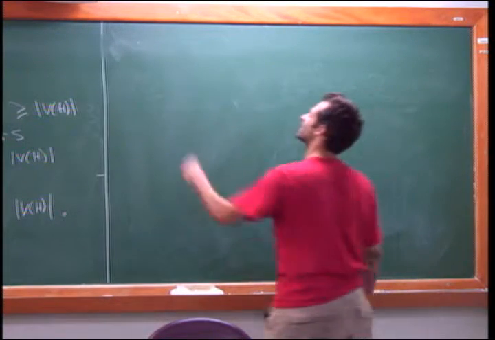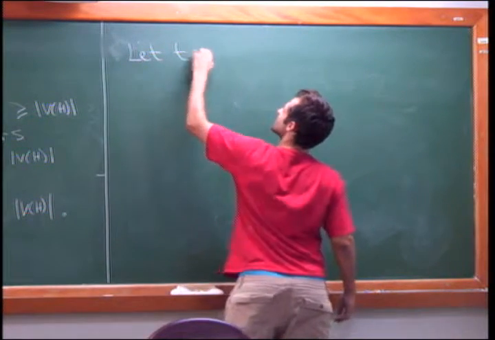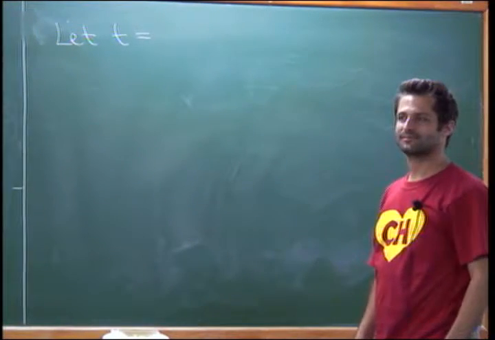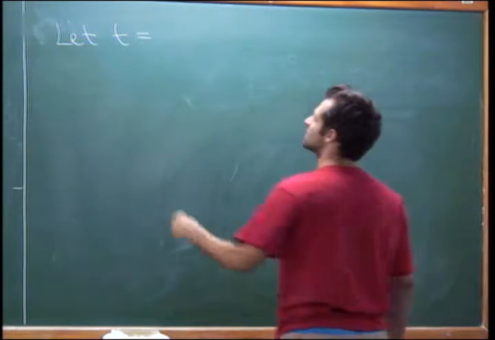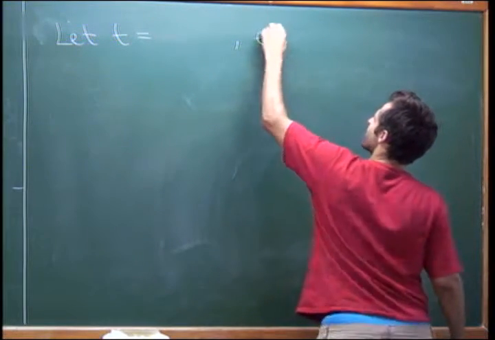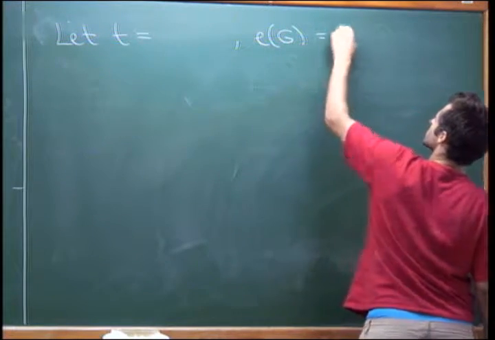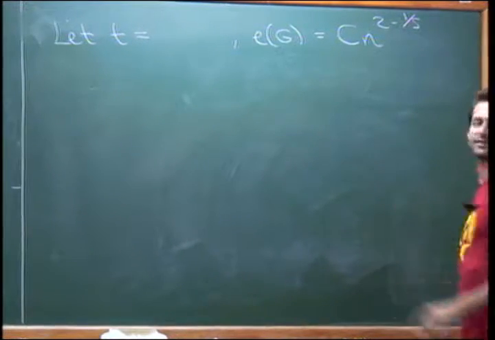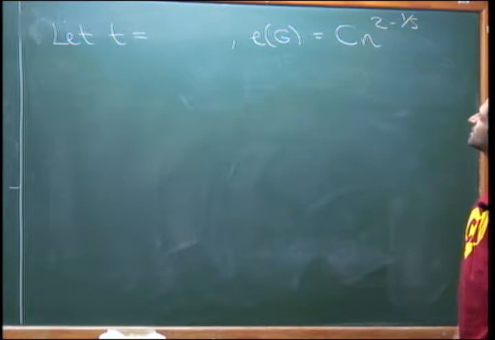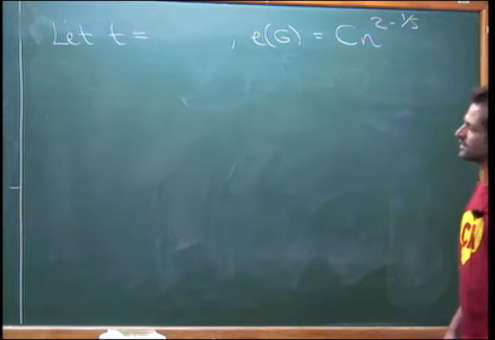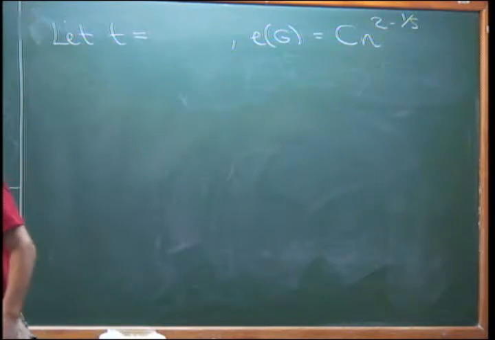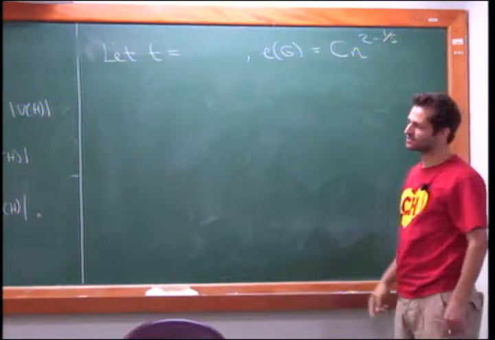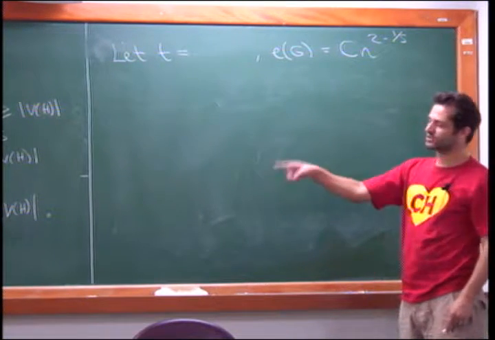So what do we let T be? Would you like to set T equal to? So the number of edges of G is going to be equal to some large constant times n to the 2 minus 1 over S. Right? So we're going to get n to the 2t minus t over S, over 2t minus 1.